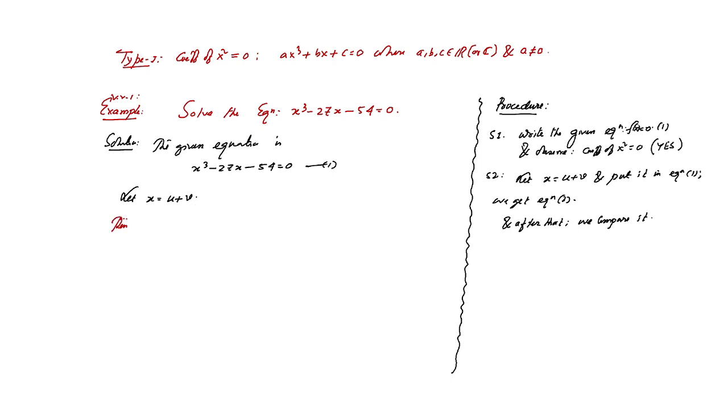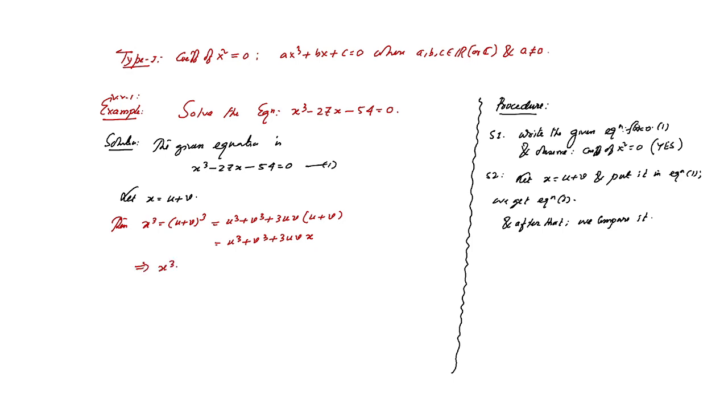Then what we will get? Then x cube will be (u plus v) whole cube, and that you can write as u cube plus v cube plus 3uv multiplied by (u plus v). U plus v is your x, so that means u cube plus v cube plus 3uv into x.